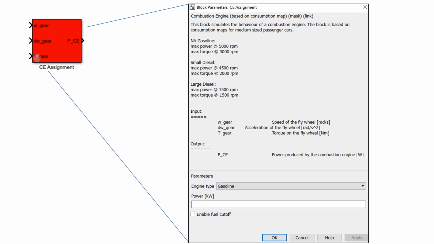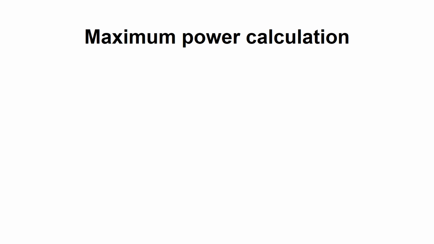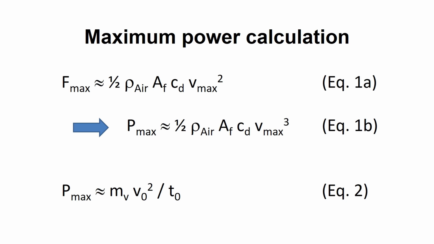Then, to find the engine power, you can calculate the power needed to run the vehicle at top speed or the power needed to accelerate to a certain speed, often 0 to 100 kilometers per hour in a certain time. To do the calculations, you can use these equations. The first equation is an approximation of the traction force at top speed, calculated with the vehicle model you have learned.